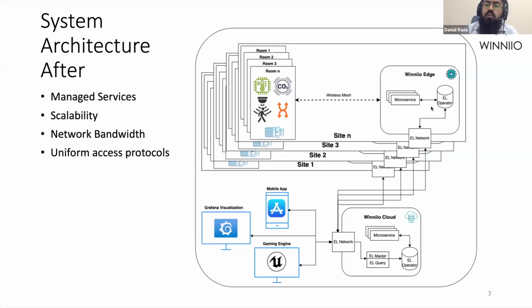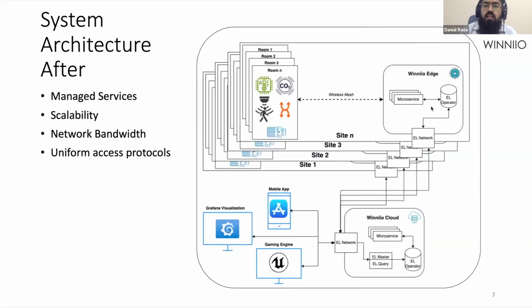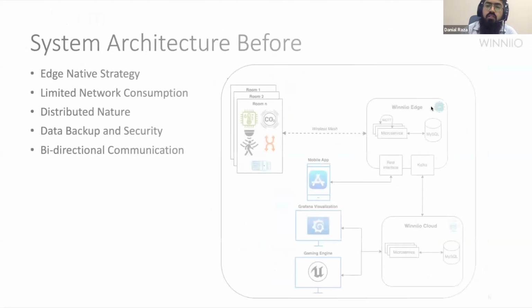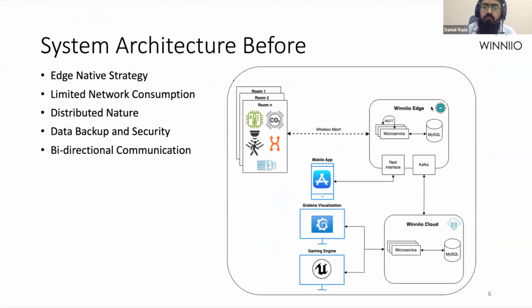Lastly is the uniform access protocols. What we had in the previous architecture, and I'm going back and forth just so I can be more and more clear, was the REST interface, the Kafka streamer, and MQTT communicating data between microservices. So we had a lot of different protocols in use for different services from the cloud.